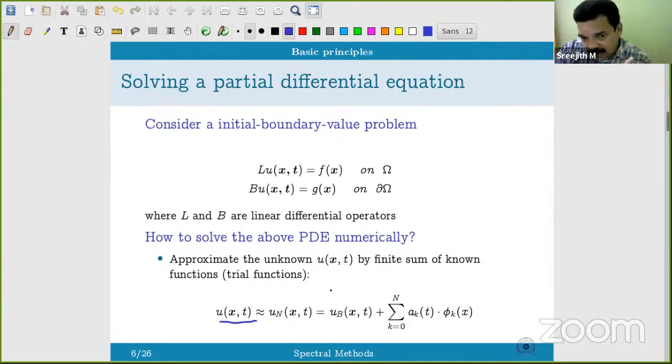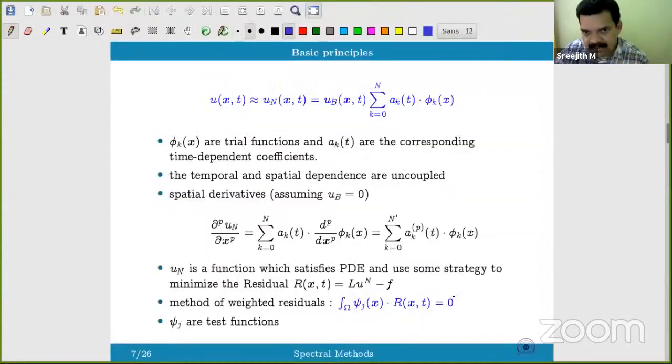We approximate this function as a sum of trial functions. Here phi_k is known as the trial function and a_k is the coefficient, summed over k equal to 0 to n. So it's a series sum. Here the term a_k is a function of time, whereas the trial function is a function of space only.